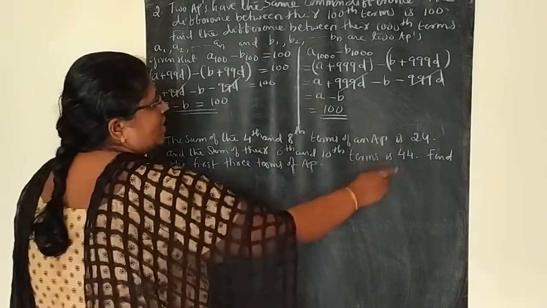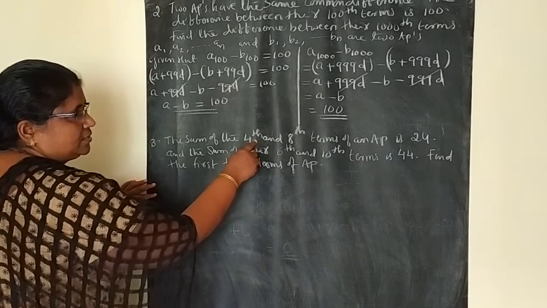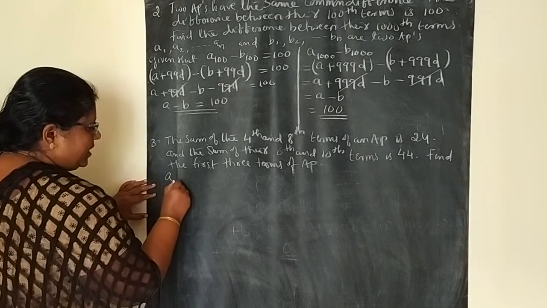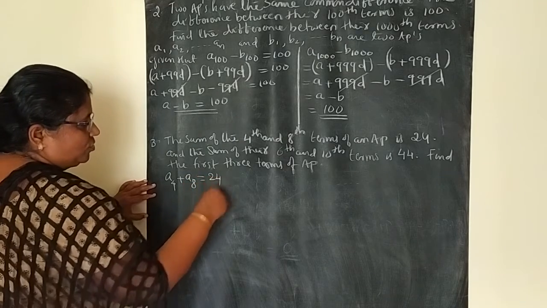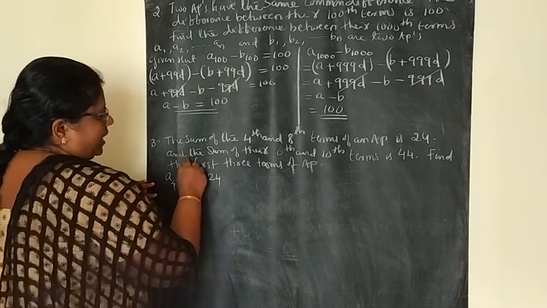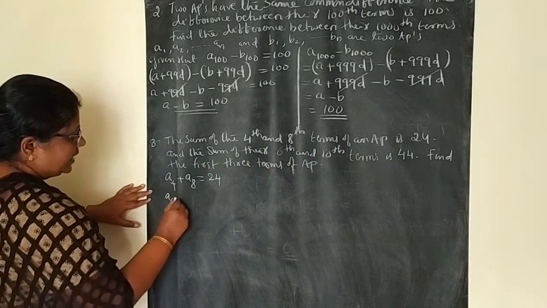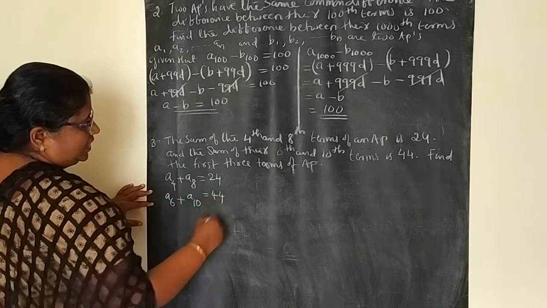That sentence you have to convert into an equation. A4 plus A8 is equal to 24. Next, the sum of their 6th and 10th terms: A6 plus A10 is equal to 44.